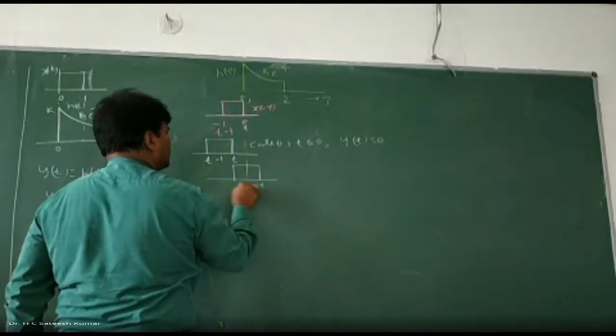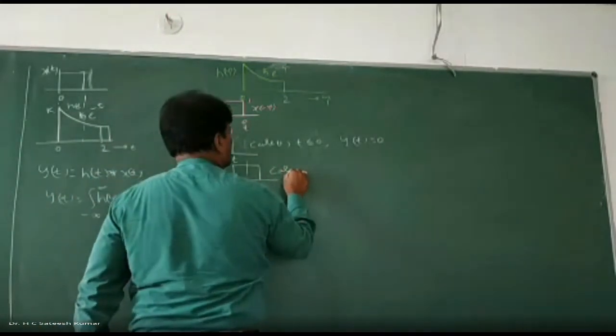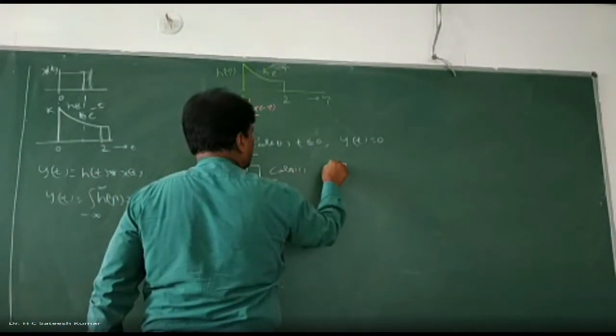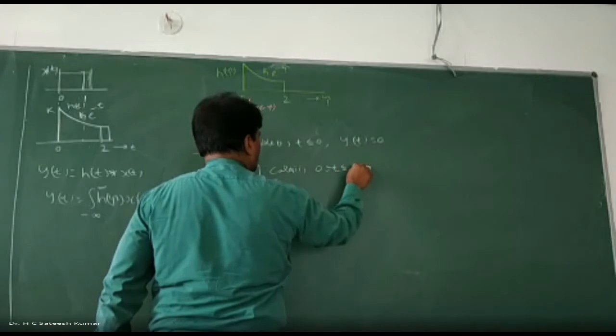Second case is from where to where? This is t. This is t minus 1. Case 2, t lies between 0 to 1.